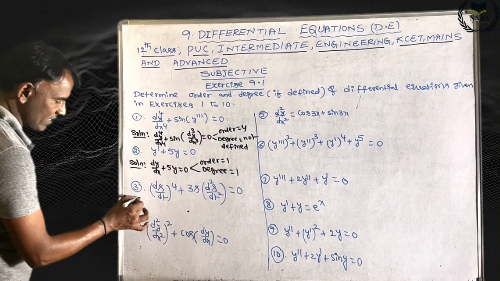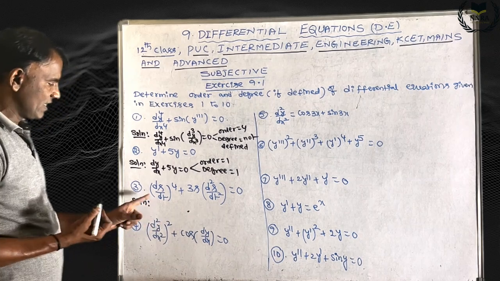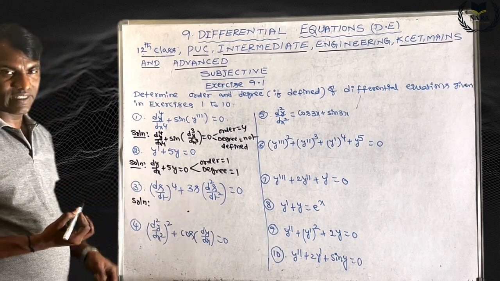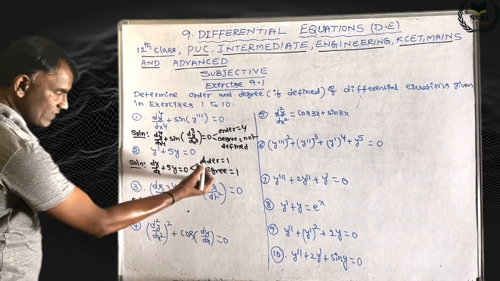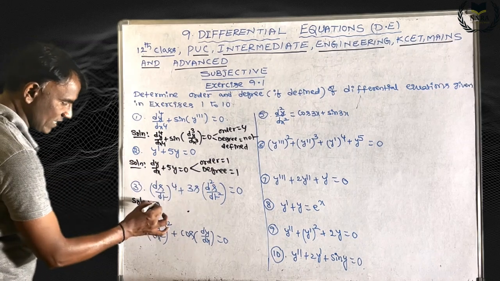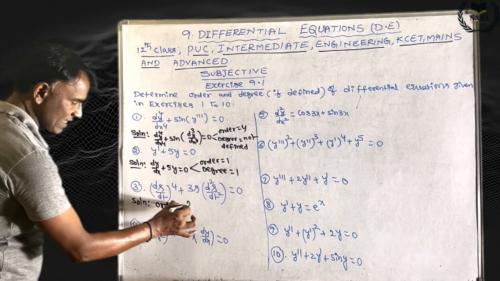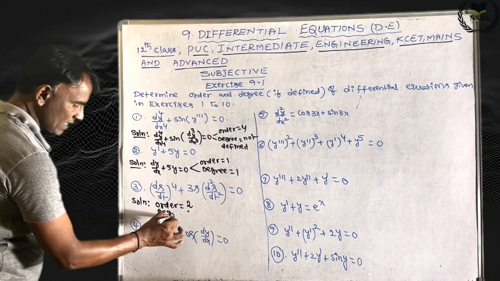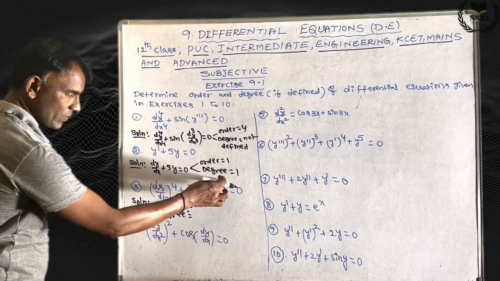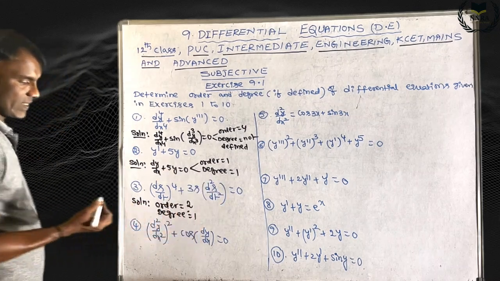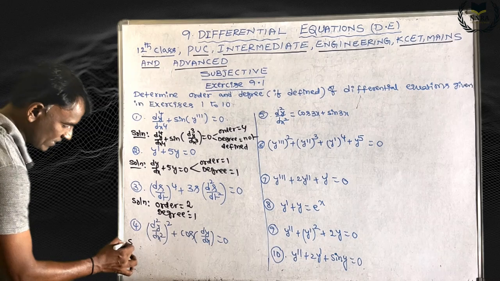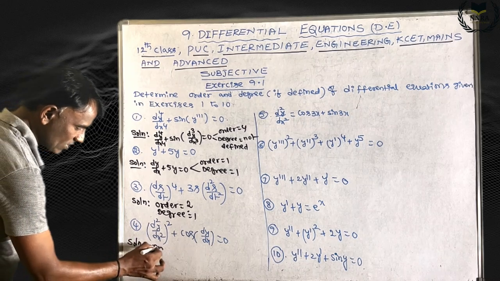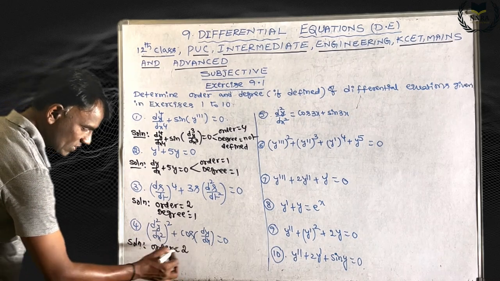And if you take this third equation, ds by dt, d square s by dt square. So the highest order derivative is d square s by dt square. So order equal to 2. And coming to degree, what is the power of this highest order derivative? That is 1. And coming to this question, order is equal to 2.